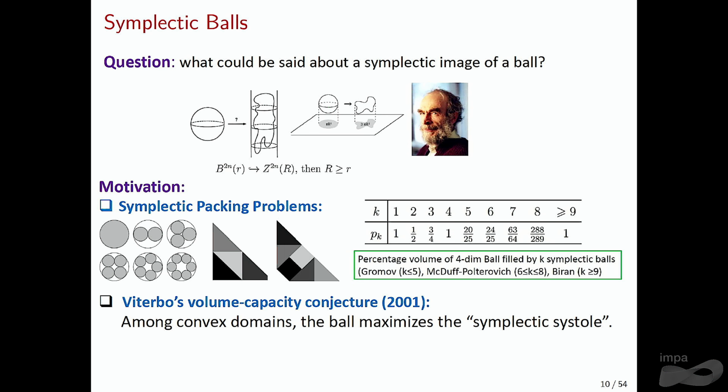Motivation number 2 is this famous question or conjecture by Viterbo, known as the volume capacity conjecture, an isoperimetric type conjecture about convex domains. According to the conjecture, symplectic balls should be the ones that maximize the so-called symplectic systole. This notion was mentioned this morning, but let me just repeat the definition.